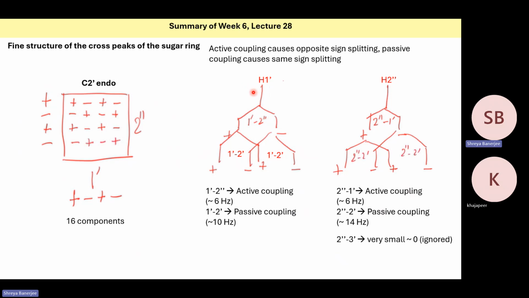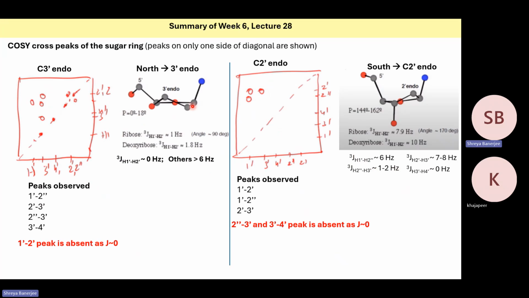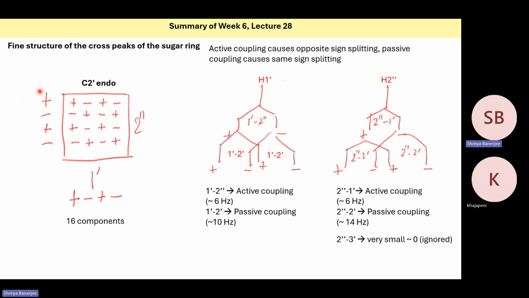So fine structure of cozy is something we have already studied before. Fine structure is basically we expand each of these peaks and we see what is the in phase, out of phase, and so on components of the spectra. So suppose we are looking at C2 prime endo and we are looking at the interaction between 1 prime and 2 double prime.